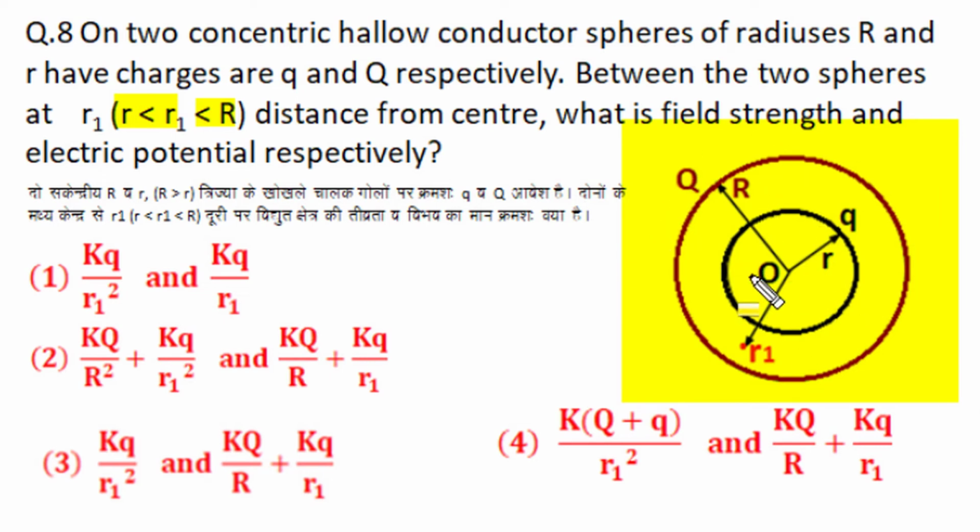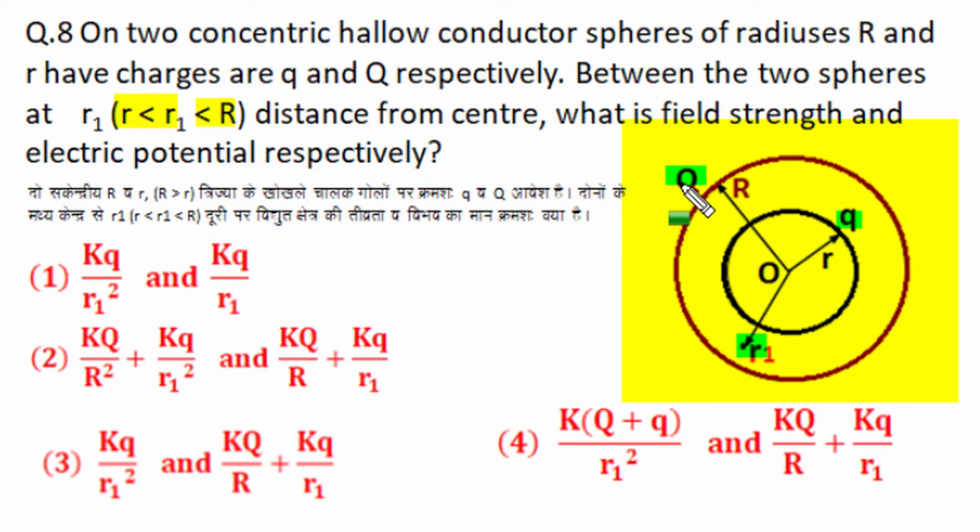Now as per superposition principle, electric field contribution at r1 is the vector sum of electric contributions by capital Q charge and small q charge. If we consider electric field of this bigger spherical surface, then for all internal positions, electric contribution of a charged conductor sphere is 0.